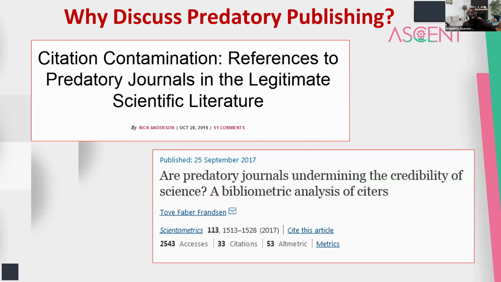Now, these are papers published about them. Citation contamination: references to predatory journals in the legitimate scientific literature. Are predatory journals undermining the credibility of science? It's true, they are undermining the credibility of science. Anyone can just do anything. You can just conjure results and send them to a predatory journal and it is accepted.